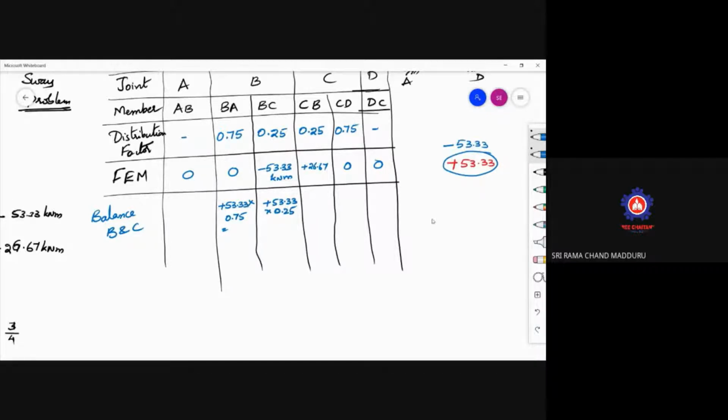Whereas in this condition, for CB, plus 26.67 is a positive value, so you need to consider minus 26.67 into 0.25, minus 26.67 into 0.75. So tell me the value, plus 53.33 into 0.75. 40, sir. 39.9. 40.